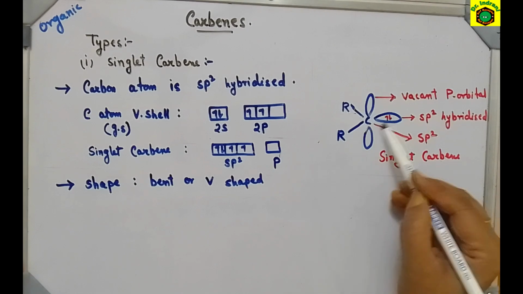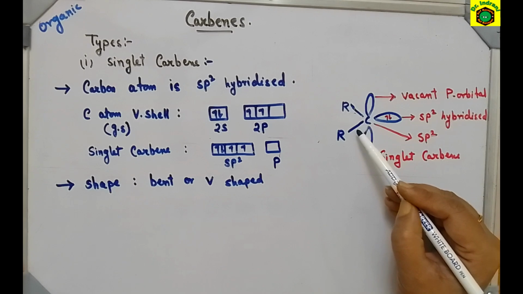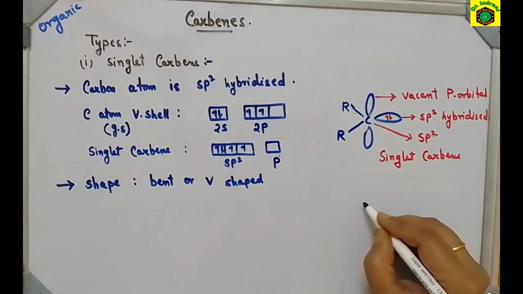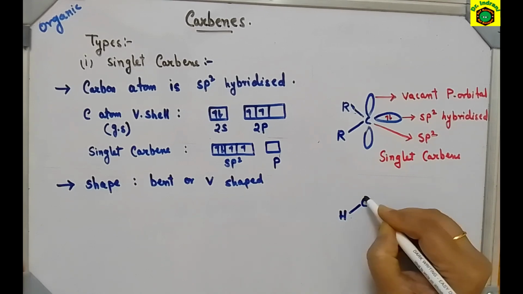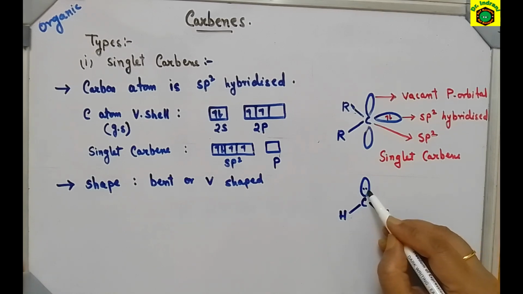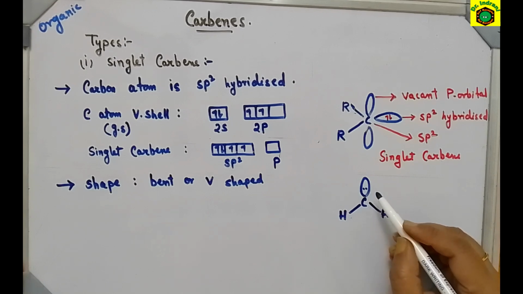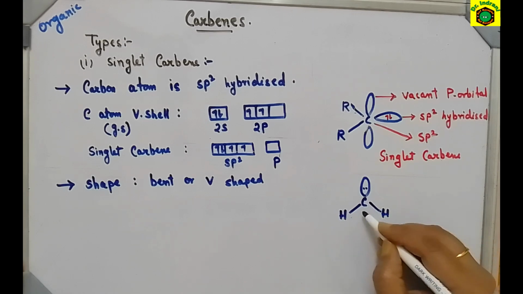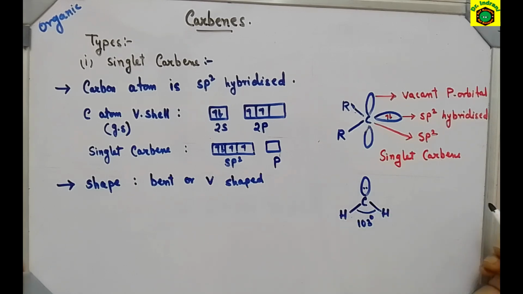So there will be bond pair lone pair repulsion from both sides, so the bond angle will no longer be 120 degrees. Since the lone pair means two electrons in the same orbital with opposite spins, the bond angle is observed to be around 103 degrees for singlet methylene carbene due to bond pair lone pair repulsion.